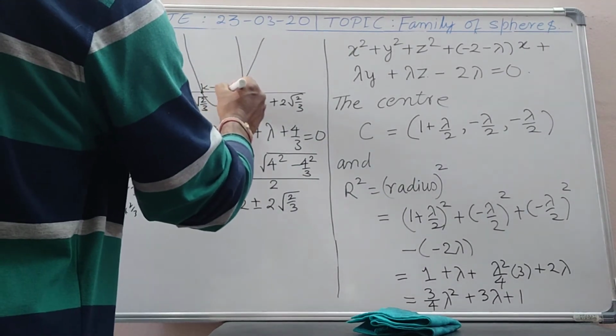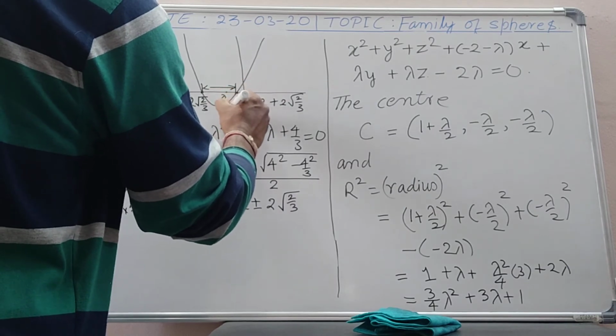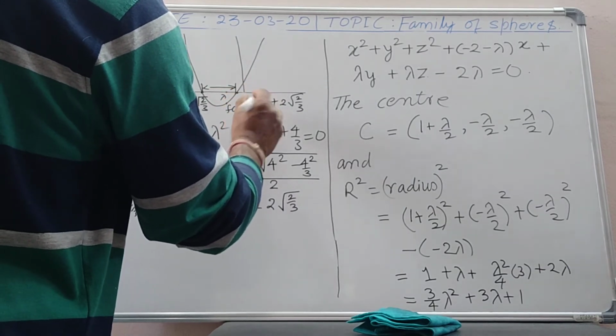So if this is your lambda, then f of lambda is negative.